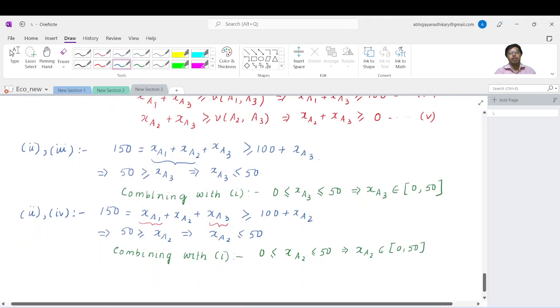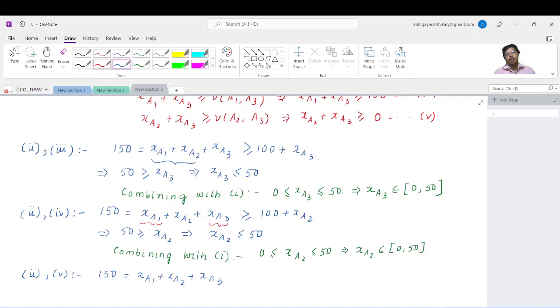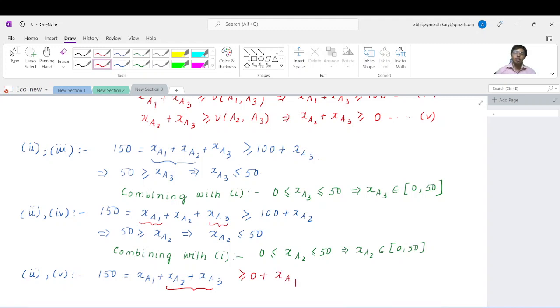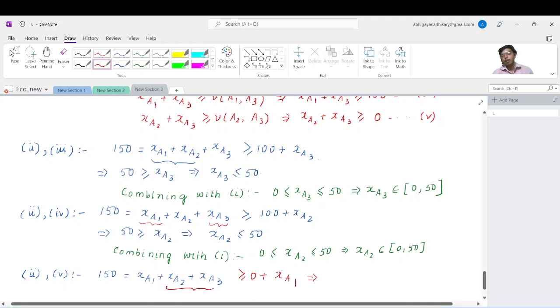And finally for the last one, taking the grand coalition, equation 2, and equation 5. What was equation 2? 150 equals x of a1 plus x of a2 plus x of a3. From equation 5, what do we see? x of a2 plus x of a3 should be greater than or equal to 0. So 150 is greater than or equal to 0 plus x of a1. So x of a1 is less than or equal to 150.